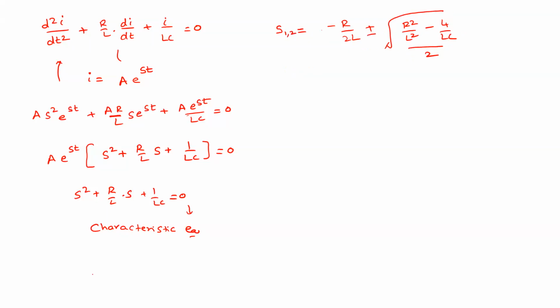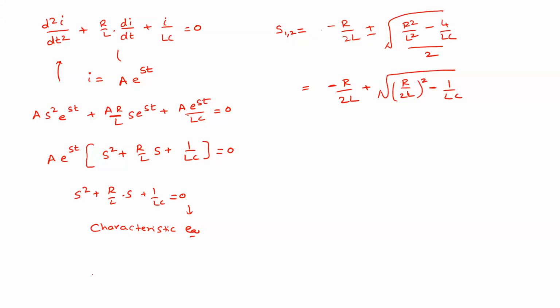Okay. So can we rearrange this one? If you rearrange it, it will be minus R by 2L plus square root of (R by 2L) whole square minus 1 by LC. Just check it out. So both are the same or not? Same, sir.